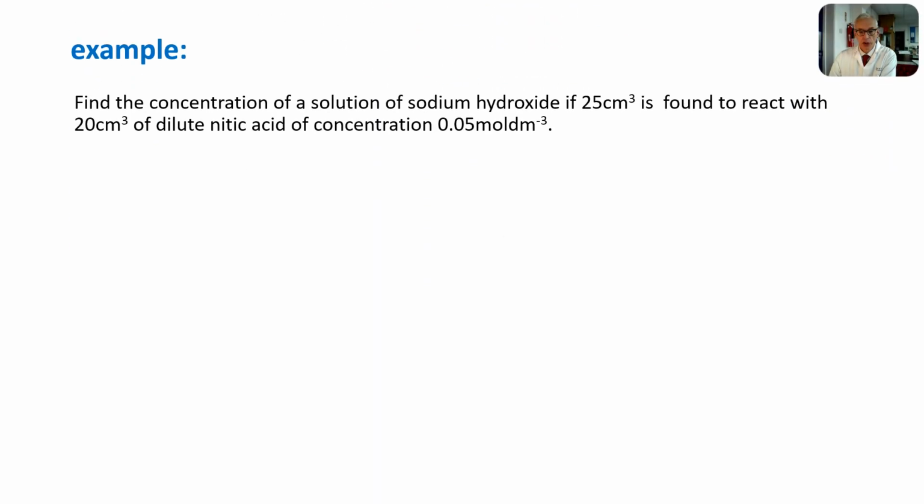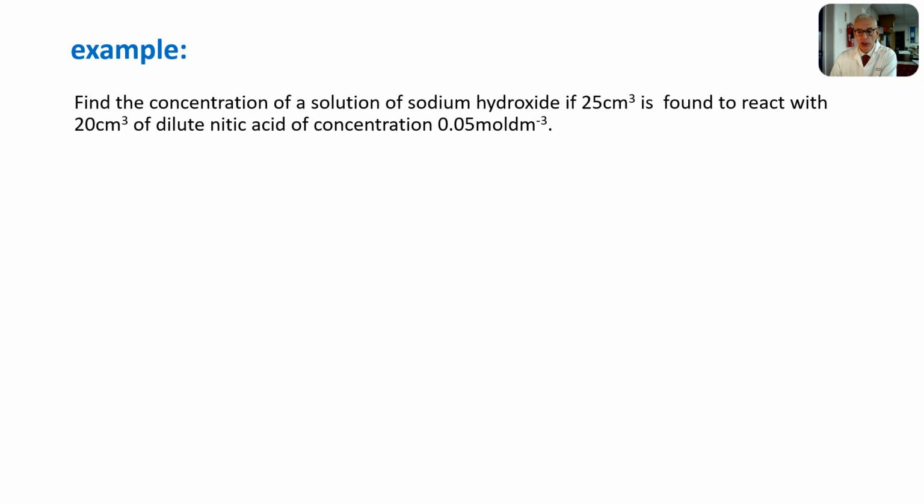So let's look at a model example. Find the concentration of a solution of sodium hydroxide, and the alkali, of course, if 25 centimeters cubed is found to react with 20 centimeters cubed of dilute nitric acid of 0.05 mole per litre concentration.